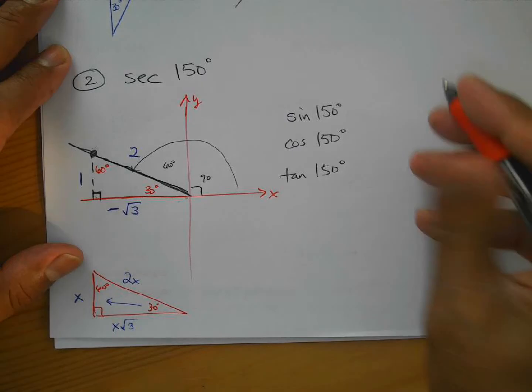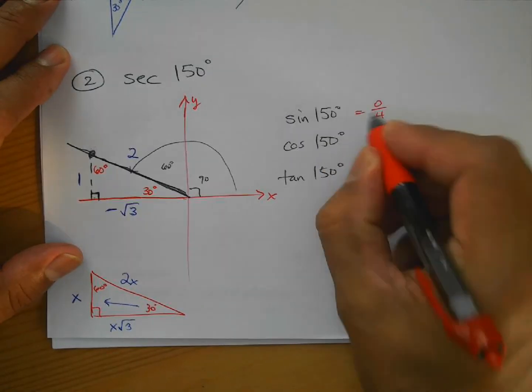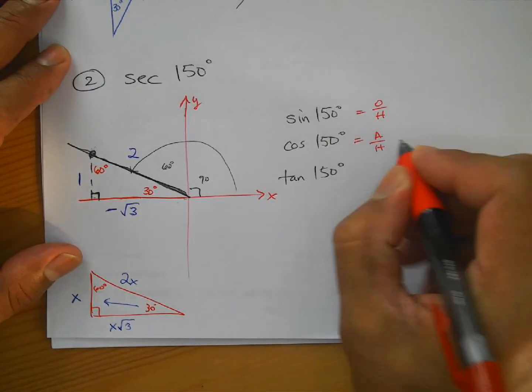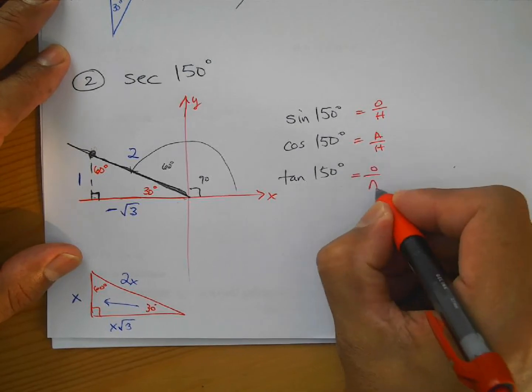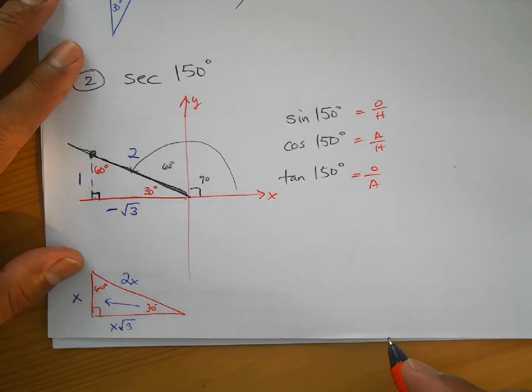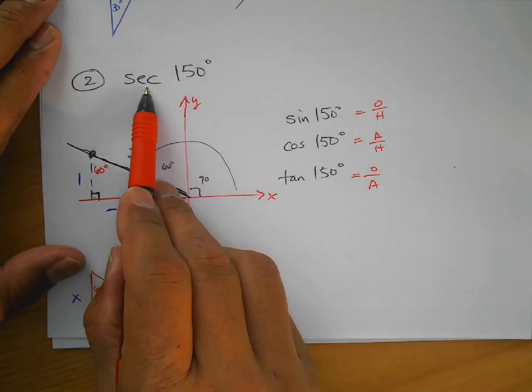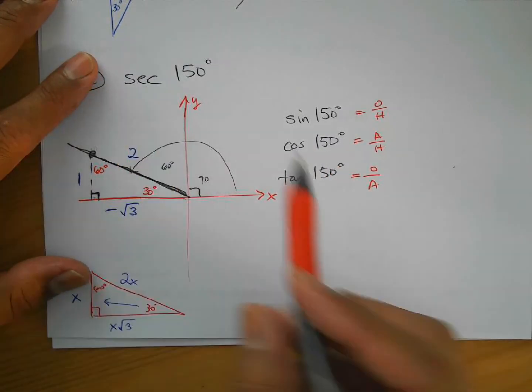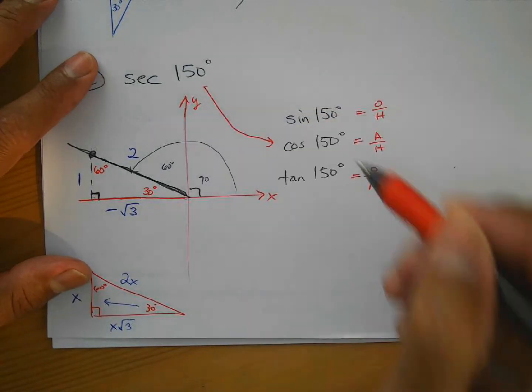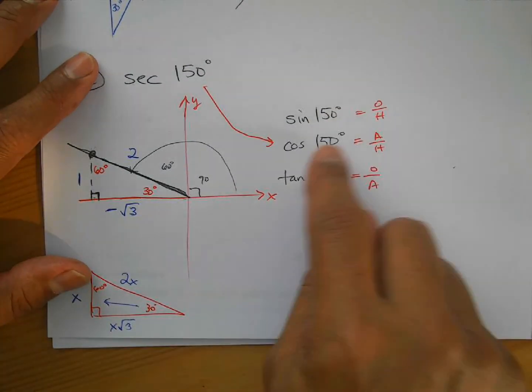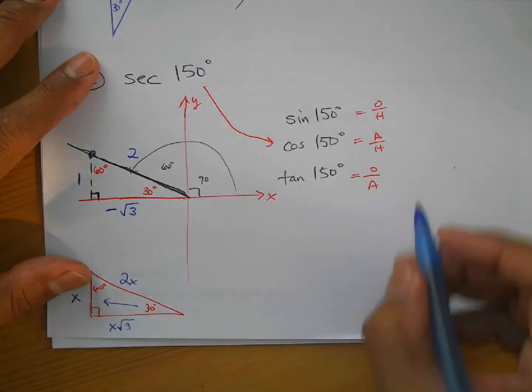So I know sine is o over h. I know cosine is a over h. So, soh, cah, toa. And I can find all these 3, right? But which one's the reciprocal function of secant? The reciprocal function of secant is cosine. So I really only have to work with this one.